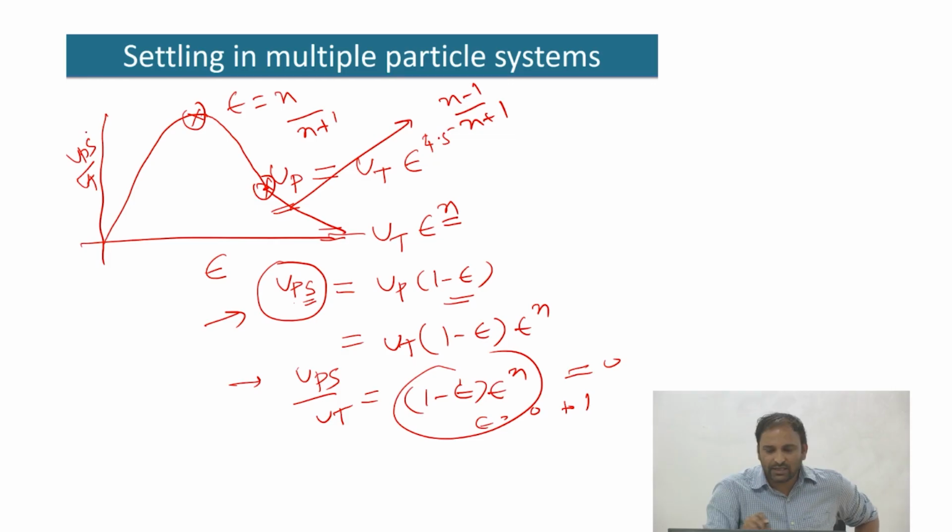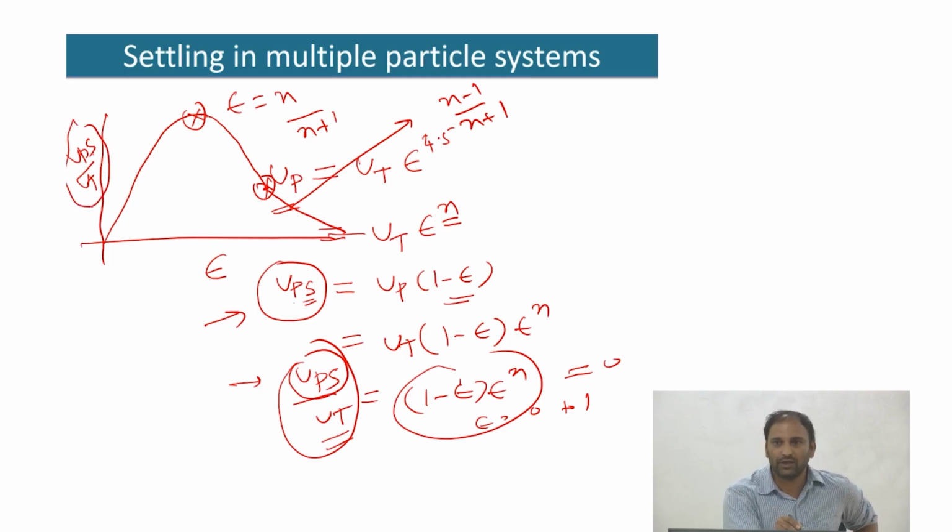So this plot is basically the dimensionless settling flux, where UPS is your superficial particle velocity, the velocity based on the entire cross-sectional area, divided by UT, which is the settling velocity under free settling conditions. That is UPS divided by UT as a function of epsilon. The maxima is at n divided by n plus 1, and the inflection point is at n minus 1 divided by n plus 1.